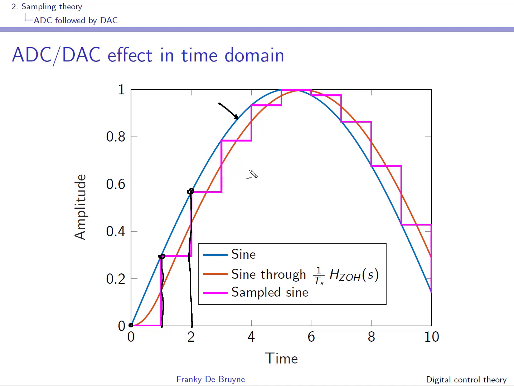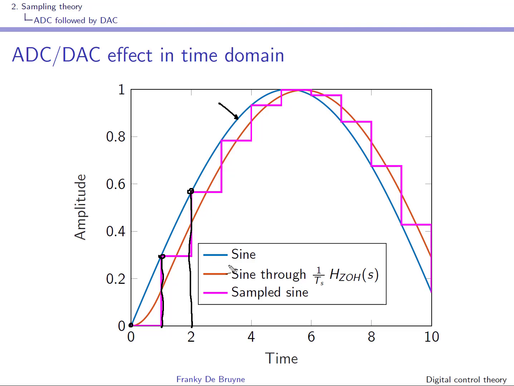The reason we have used the command stairs here is that it shows what would happen if you take the sampled signal and make it go through a zero order hold. Then you would really have this signal in purple.